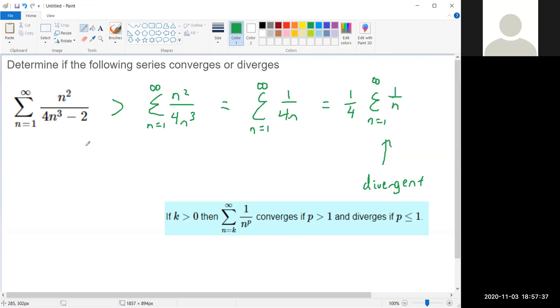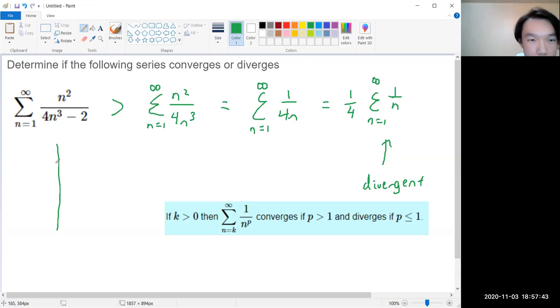The conclusion should be it diverges. Yeah, very good. So this series diverges. Yeah, so we got it. Very good. So this is divergent, and we used the comparison test. So that's fine. Let me ask, did anyone do it a different way?